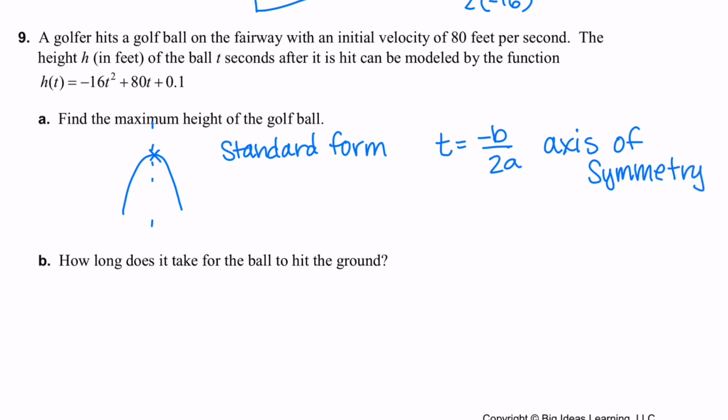So we're going to write down our a, b, and c values. Our a is equal to negative 16, our b is equal to 80, and our c is equal to 0.1.